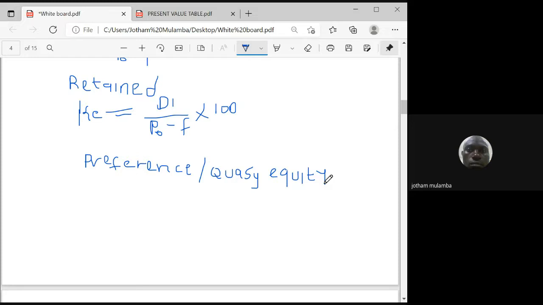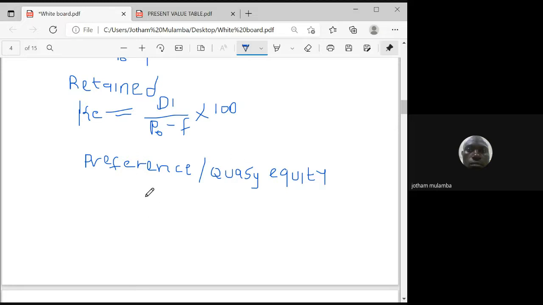When you talk of convertible preference shares, these are the preference shares that we can easily convert into ordinary shares. For non-convertible, we cannot convert them into ordinary shares. So those are the 8 categories of preference shares.